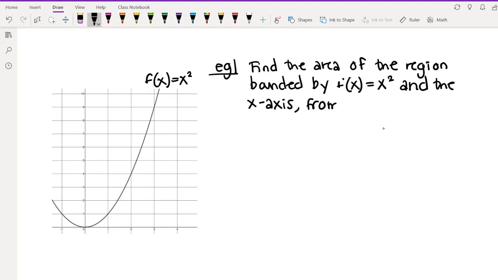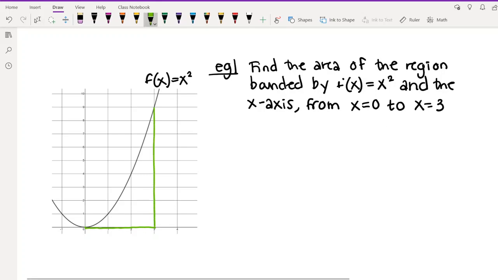And we're going to be looking in between x is equal to 0 and x is equal to 3. So what region are we focusing on in this case? Well, we're starting at x is equal to 0, we're going up to x is equal to 3, and then we're going between the x-axis and this graph. So we're looking at this area here.